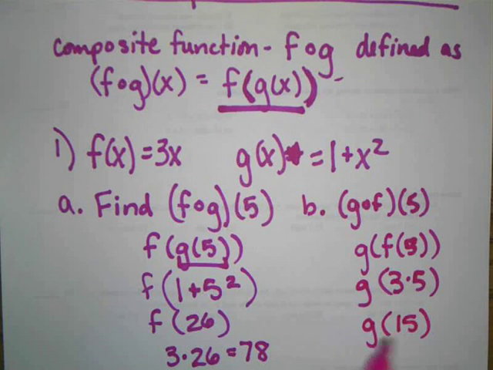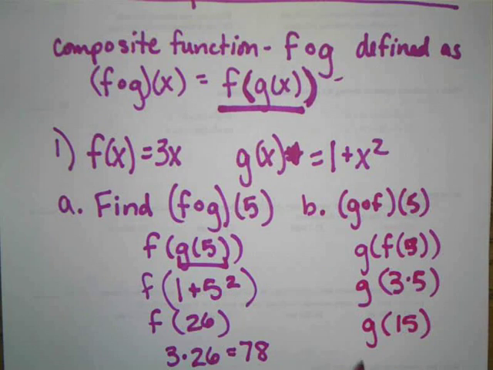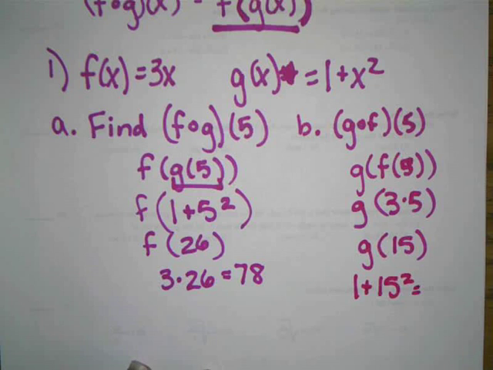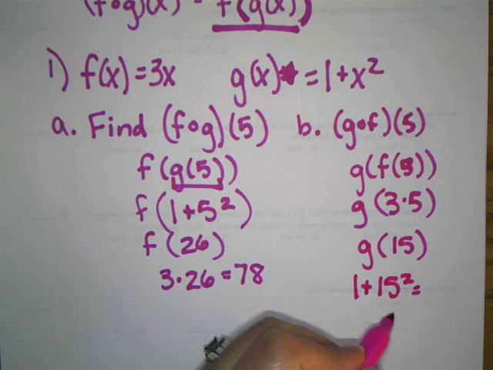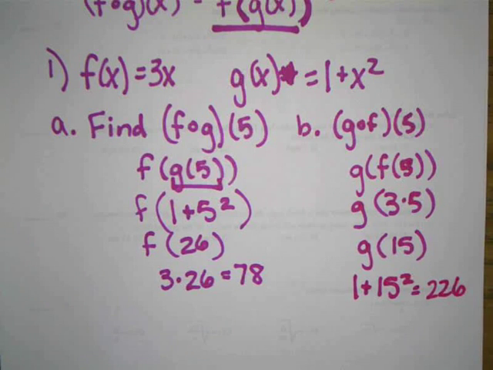And now we put g of 15. So in place of x, we're going to put a 15 in. 1 plus 15 squared equals, 15 squared is 225, plus 1 is 226. So you work your way inside out.